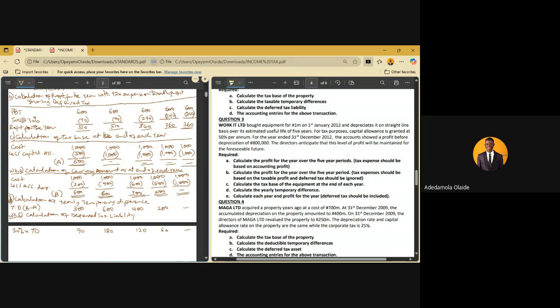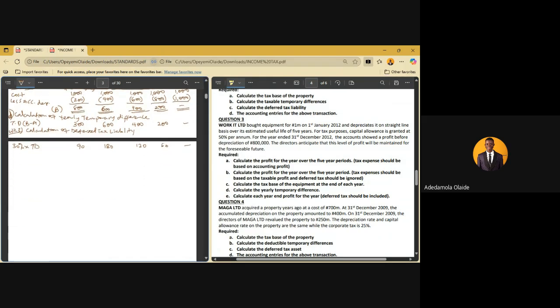Why am I doing deferred tax liability? Because E requires me to calculate year-end profit and deferred tax should be included. So we'll now need to recalculate workings 4, calculation of income tax expense inclusive of deferred tax.